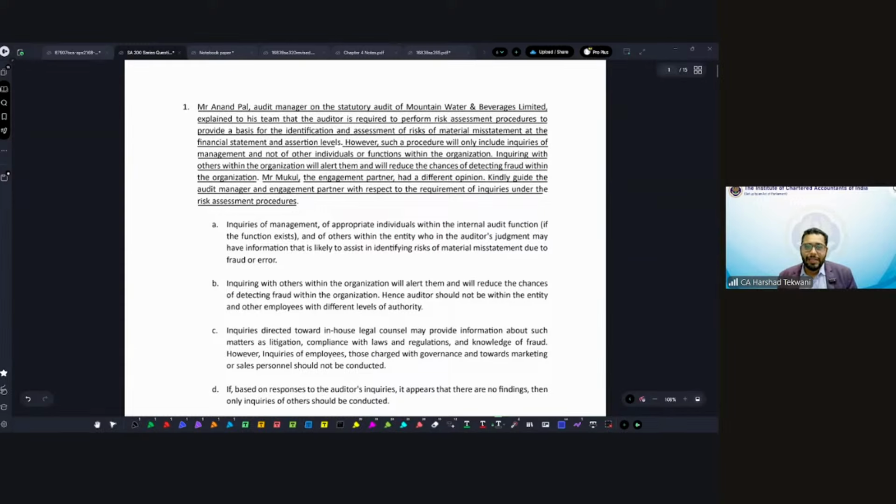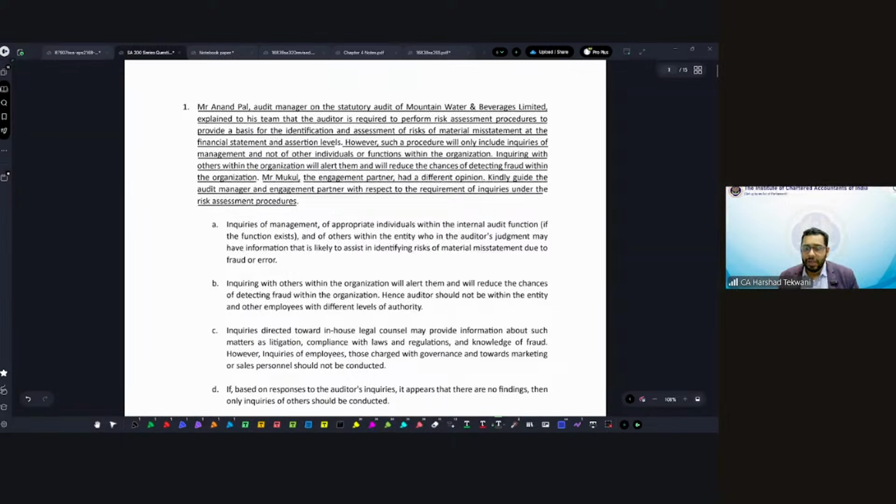So option number one is inquiries of the management and of appropriate individuals within the internal audit function and of others within the entity who, in the auditor's judgment, may have information that is likely to assist in identifying risk of material misstatement due to fraud or error. Okay, that's option number one.